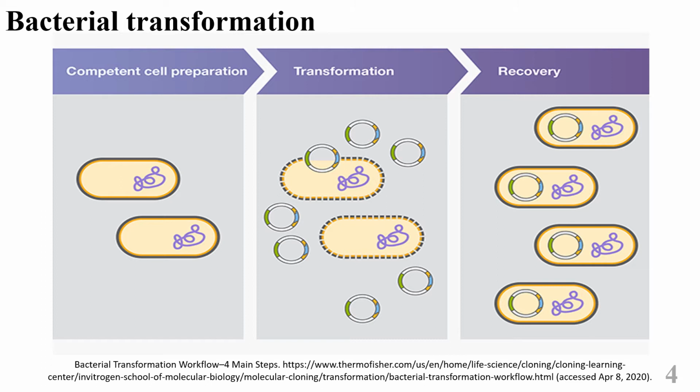After the heat shock, there is a recovery period where we give the bacteria time to produce antibiotic-resistant proteins encoded on our plasmid. Once those proteins are produced, antibiotics can be added to the cell culture to prevent any other bacteria from growing in the culture.